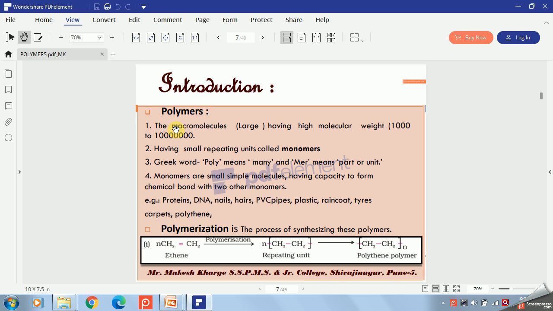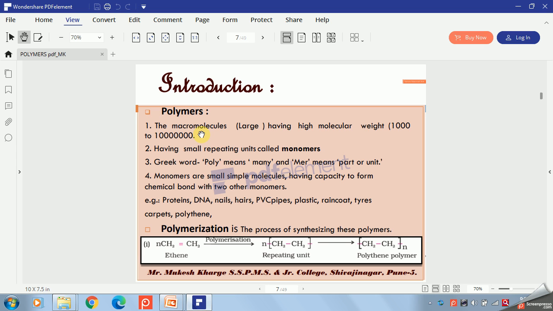Polymers. Polymers are macromolecules. Macro means large, having high molecular weight near about 10 raised to 3 to 10 raised to 7. So that compound is called as polymer. This polymer compound can be obtained from monomers, and these monomers have small repeating units.